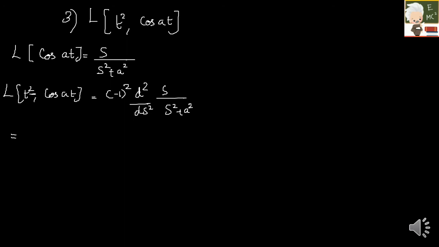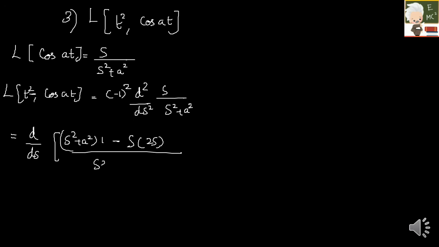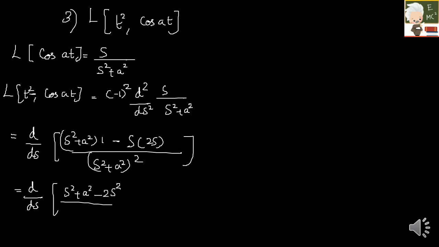Which would be d by ds of s square plus a square into 1 minus s into 2s divided by s square plus a square the whole square. If I simplify this, this would be d by ds of s square plus a square minus 2s square divided by s square plus a square the whole square.